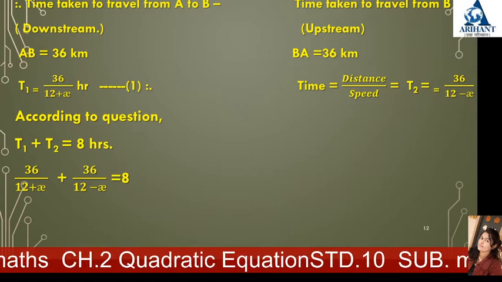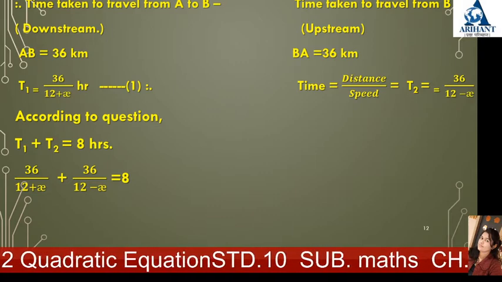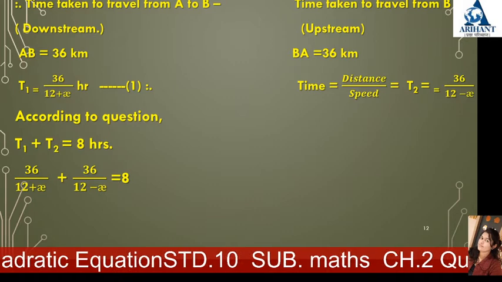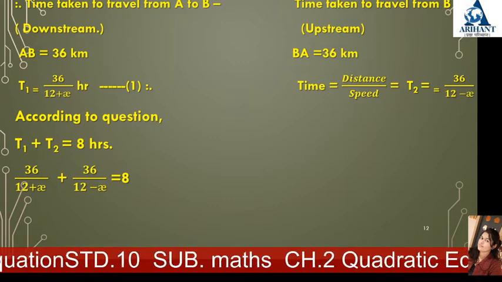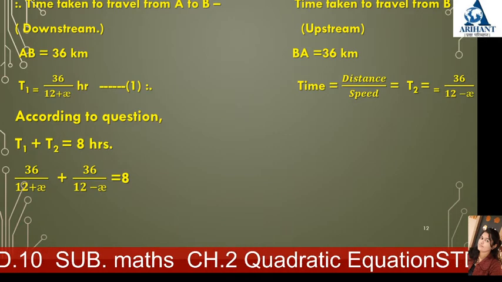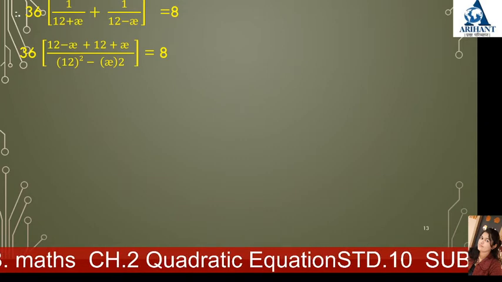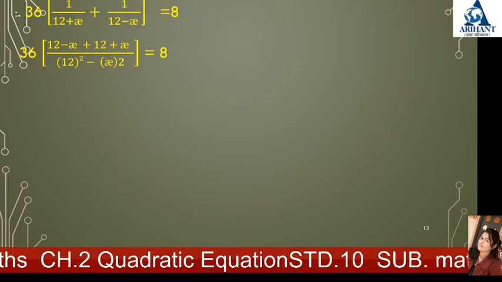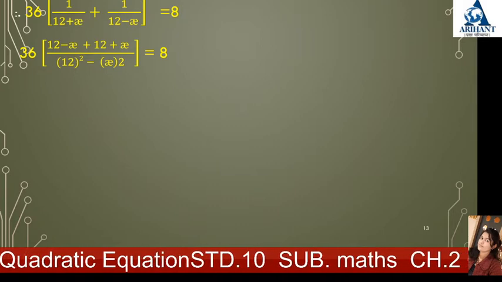It takes 8 hours. It is said in the example itself. So T1 is 36 upon 12 plus x, plus 36 upon 12 minus x, which is T2, is equal to 8. Let's simplify the equation. Taking 36 common outside the bracket: 1 upon 12 plus x plus 1 upon 12 minus x is equal to 8.